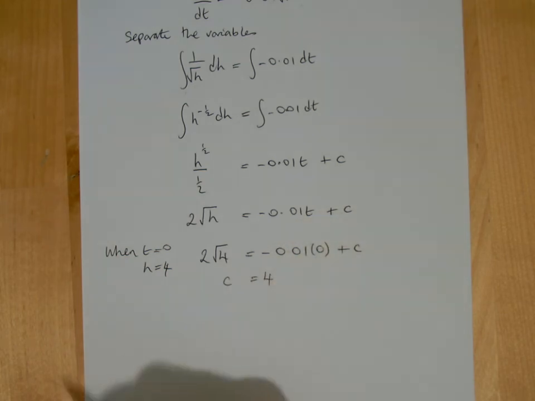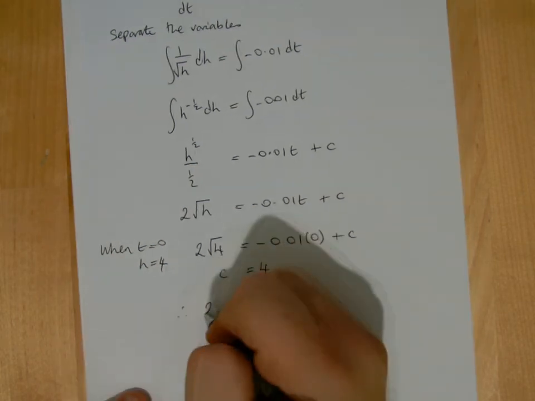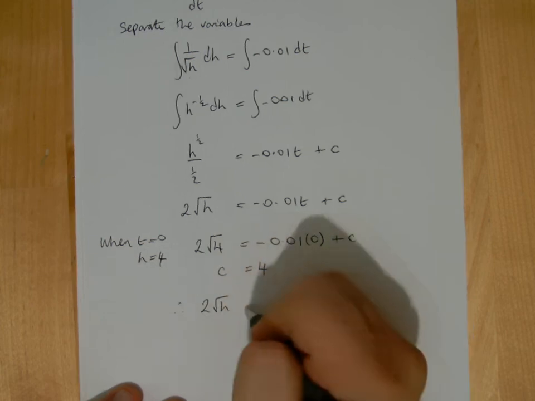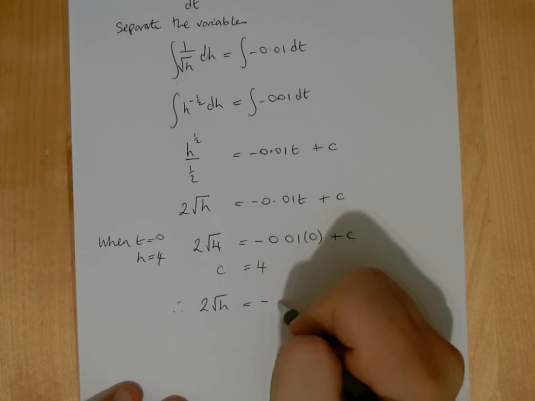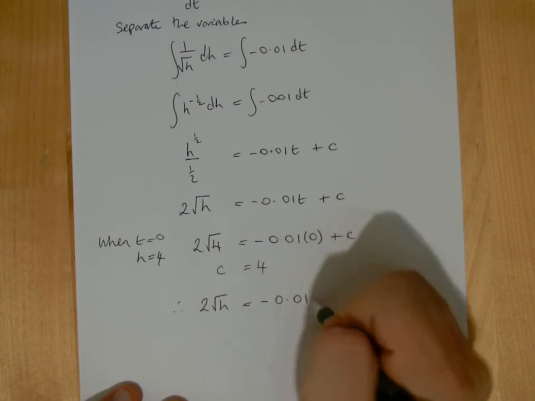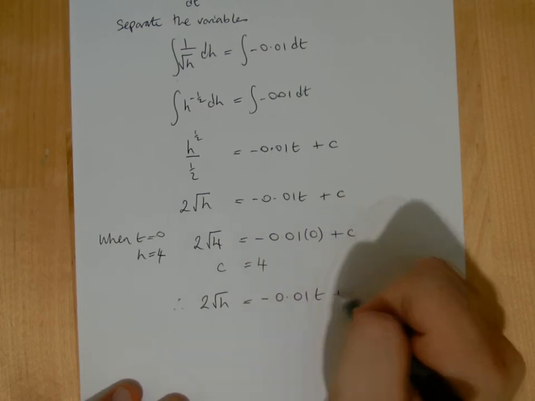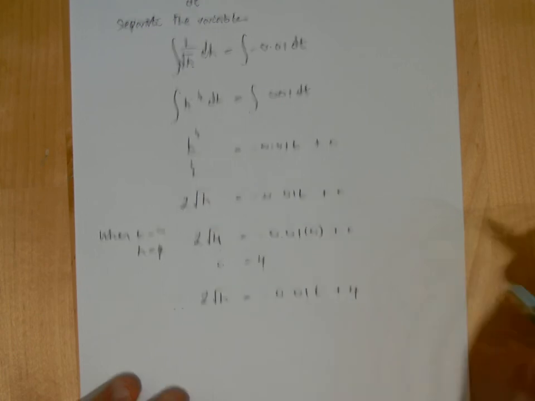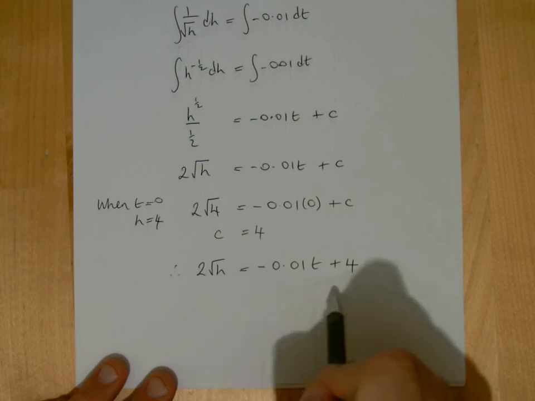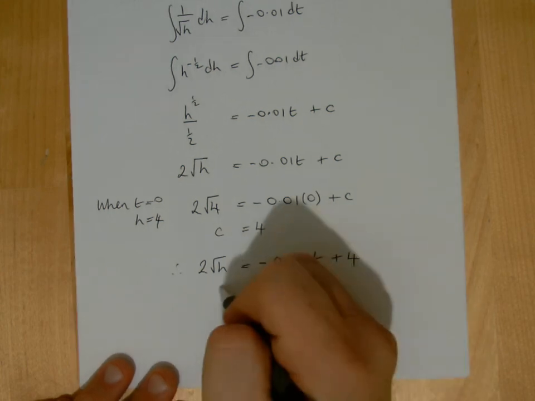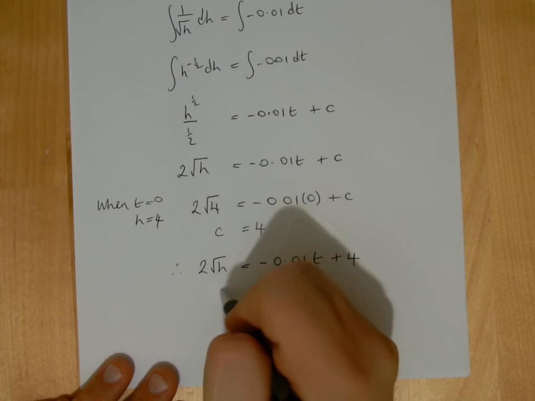Therefore 2 root h is equal to minus 0.01t plus 4. There's your constant. So we need to get h equals. Let's take that 2 over.